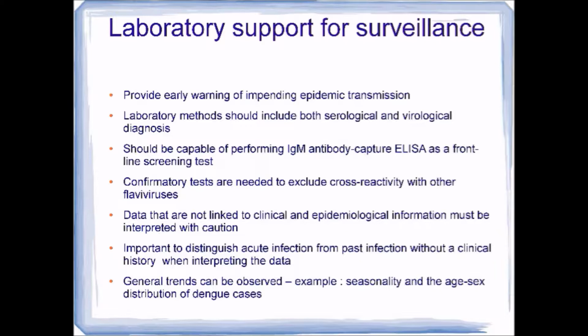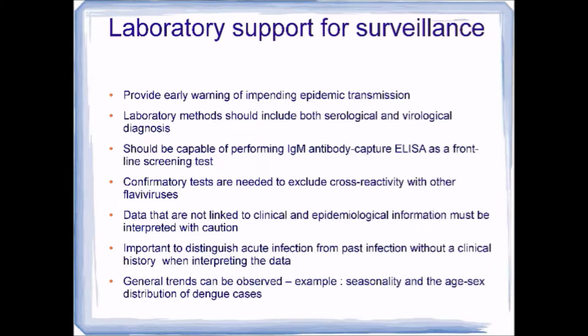Data that are not linked to clinical and epidemiological information must be interpreted with caution. Examples are participating laboratory identifier, onset of illness, specimen collection date, patient identifier, organism, patient sex, date of birth or age, place of residence, specimen source, clinical diagnosis and the method of diagnosis.